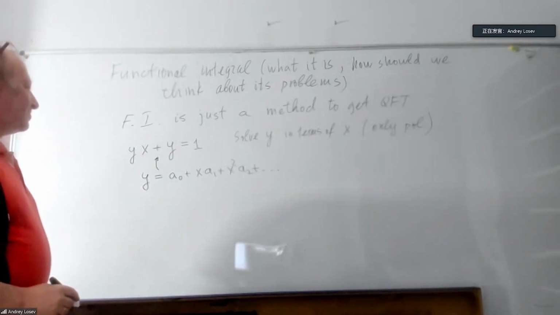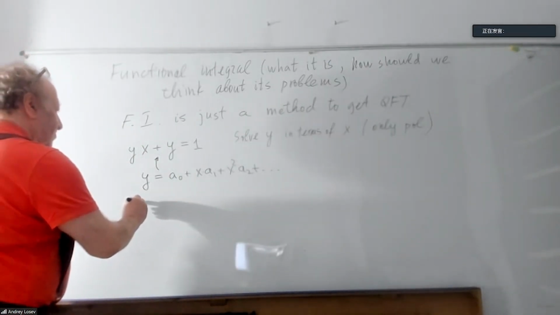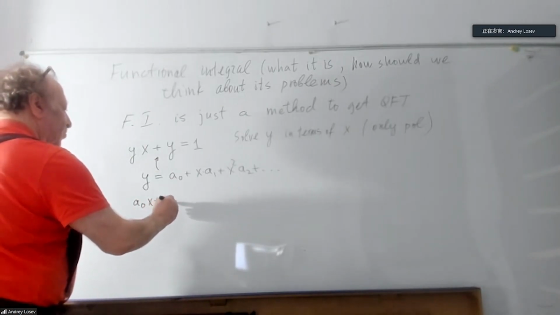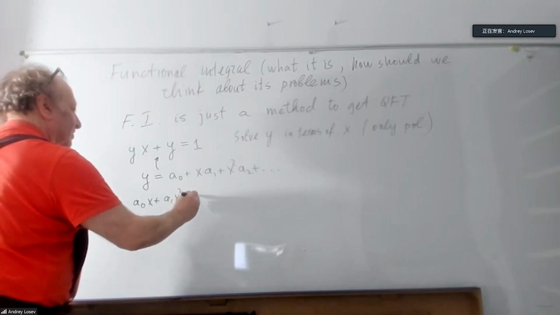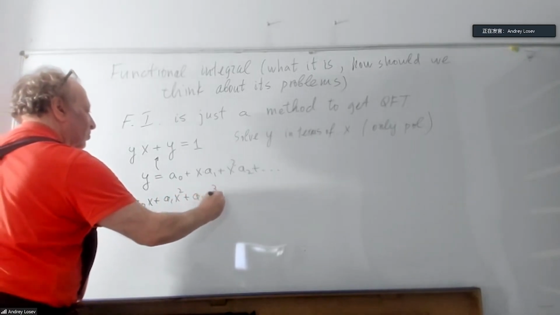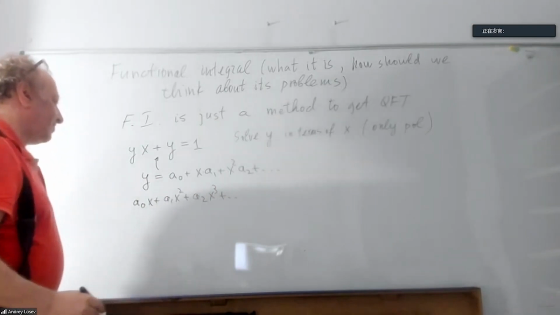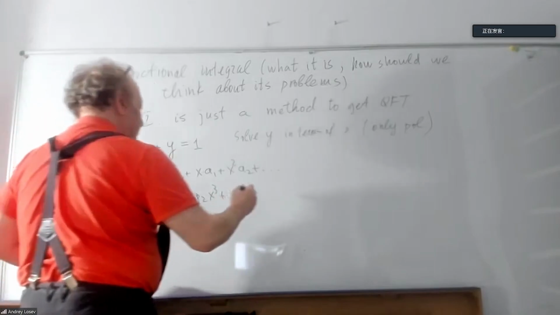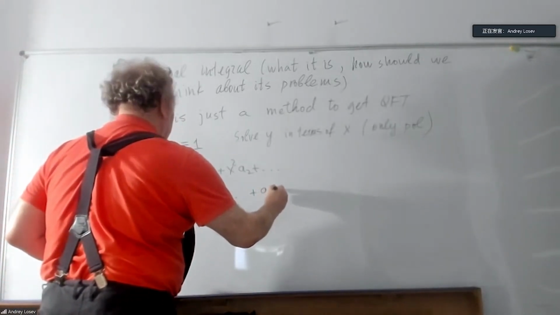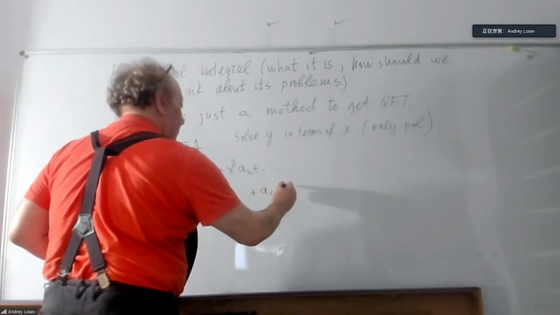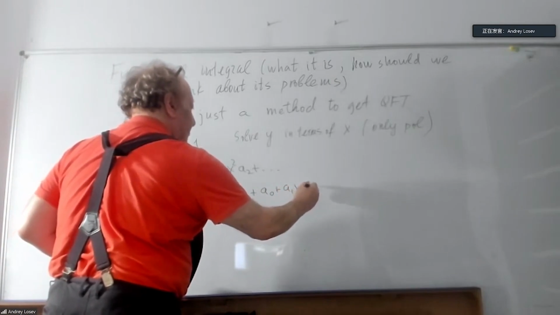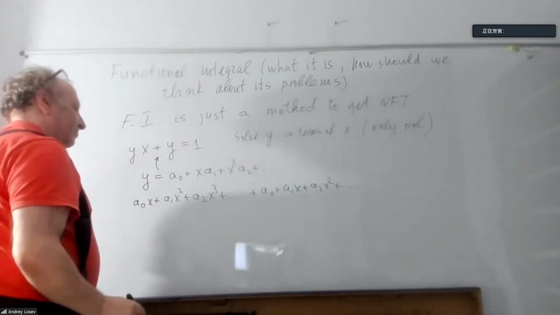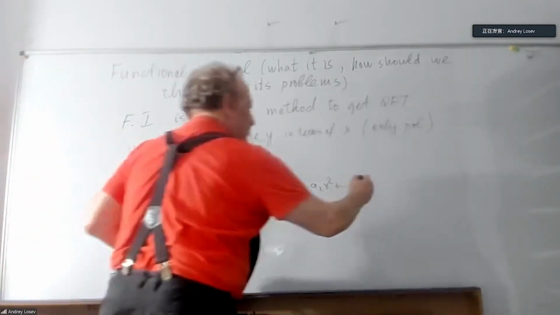What would I get? A naught x plus a1 x squared plus a2 x cubed plus etc. plus a naught plus a1x plus a2x squared plus etc. equals 1.